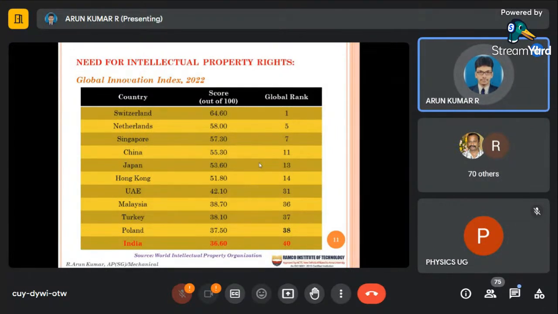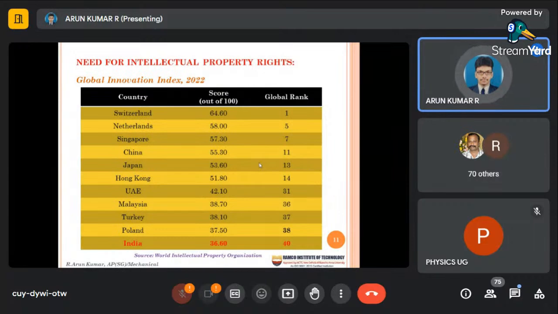WIPO releases a rank called the Global Innovation Index every year. And here you can see the position of our country. It is 40th spot. So in innovation, we are at 40th spot.